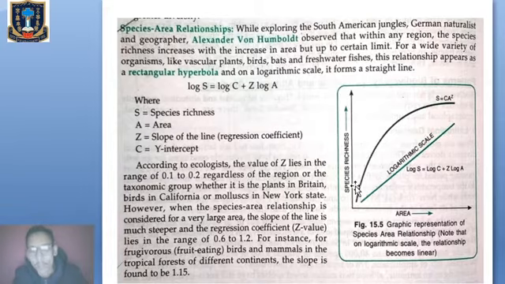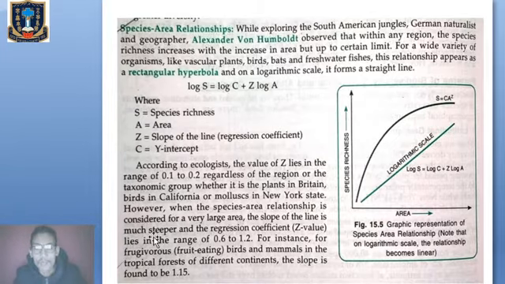Now according to the ecologists, the value of this Z lies between 0.1 to 0.2. Clear? Remember one more time that the value of Z lies within the range of 0.1 to 0.2 regardless of the region or the taxonomic group. Whether it is plants in Britain, birds in California, or molluscs in New York state.